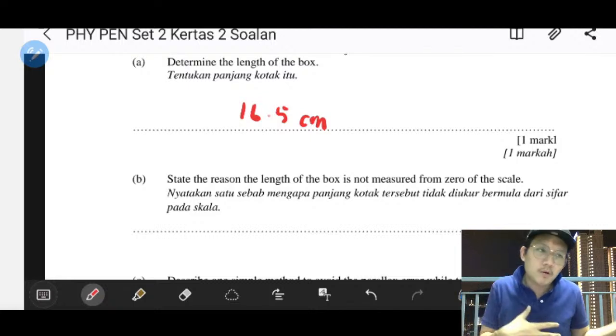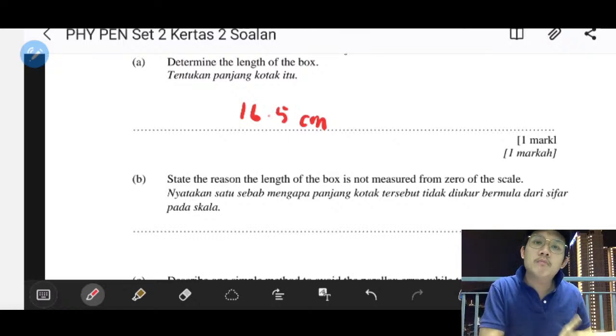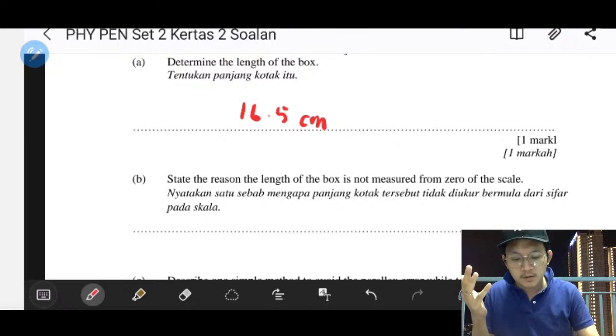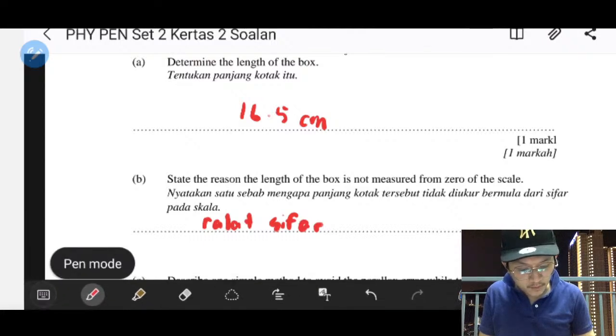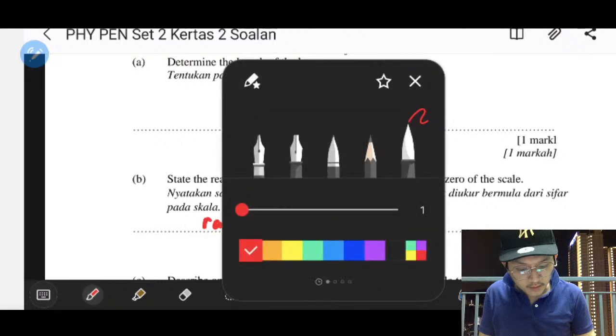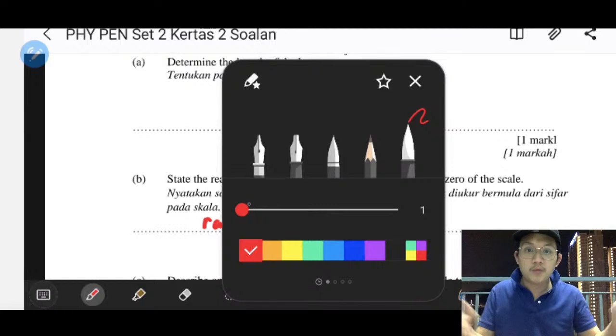But if you want a more physics way of answering it, it can be sebab pembaris itu mempunyai ralat sifar. It has a zero error.